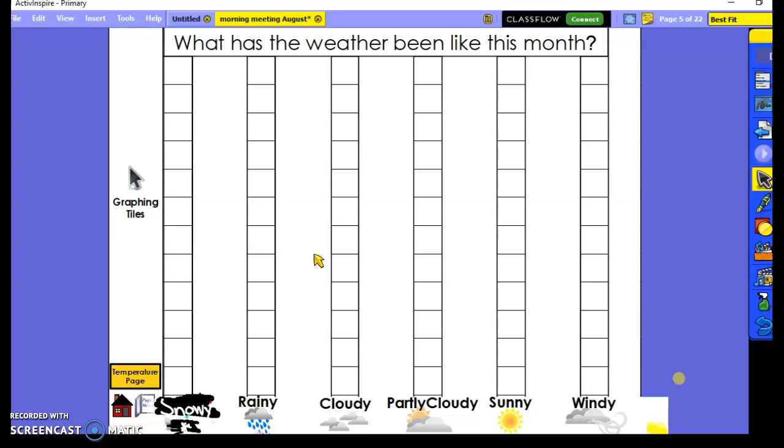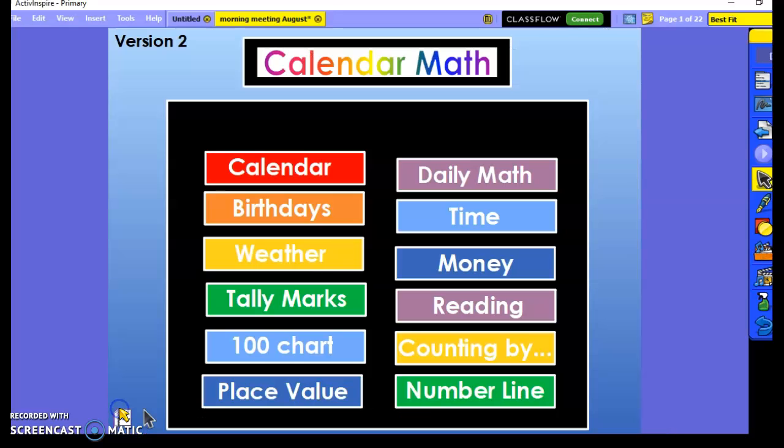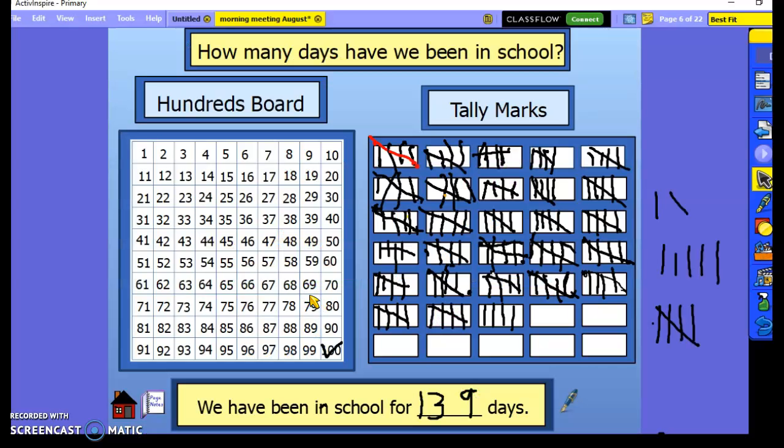Is it windy? Is there rain or is there sun? Tell your parent or your brother or sister or your grandparents or your friend what the weather is today. As you're doing that, I'm going to get ready for our tally marks.